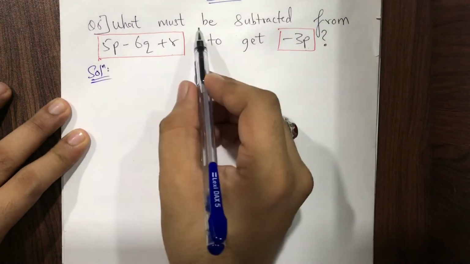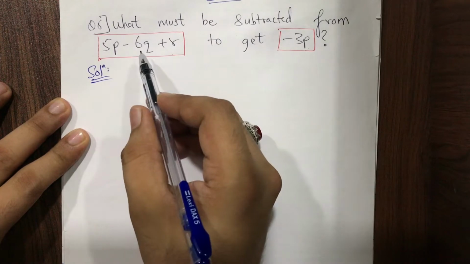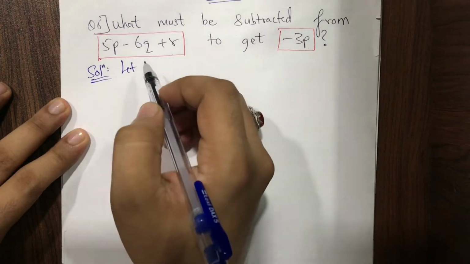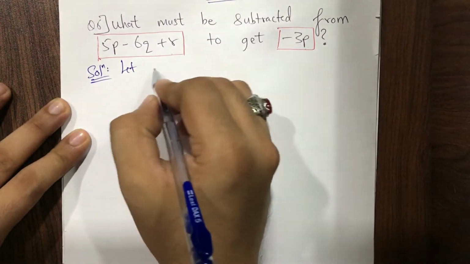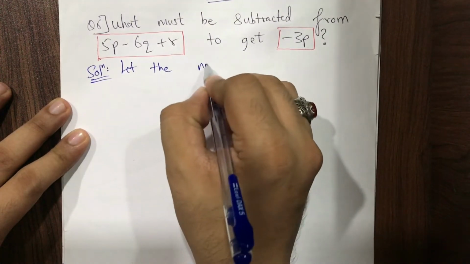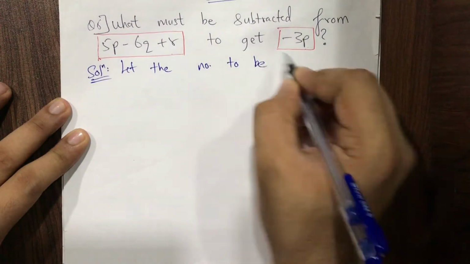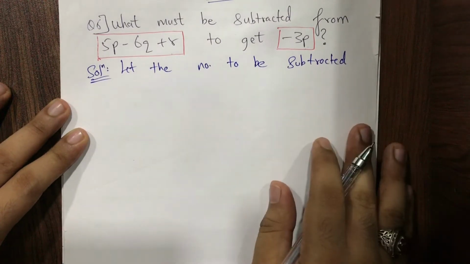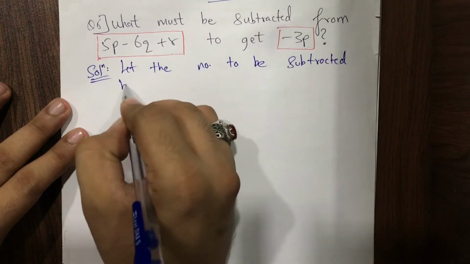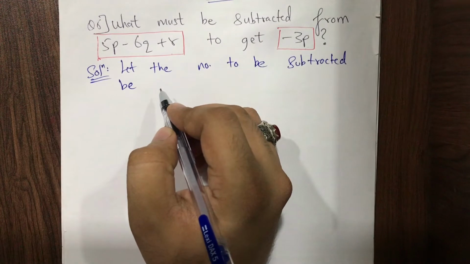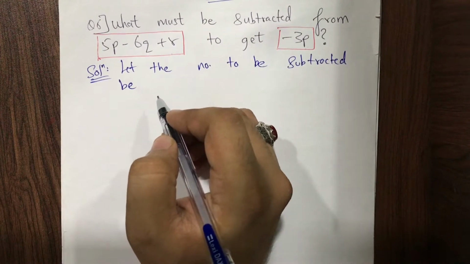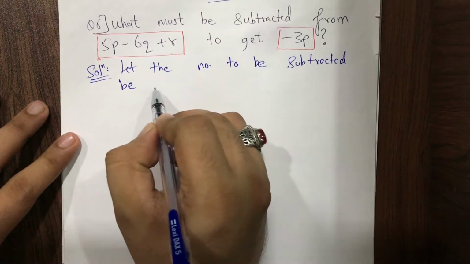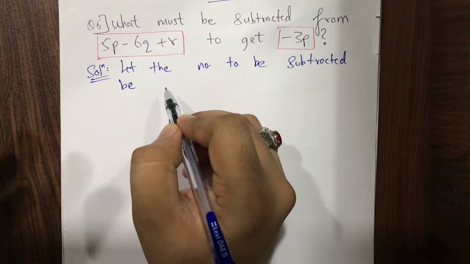It's asked what must be subtracted from 5p minus 6q plus r to get this. Let the number to be subtracted be... See, I can give x also, but x, we always used to write x as a small letter x, so it will create somehow any confusion.